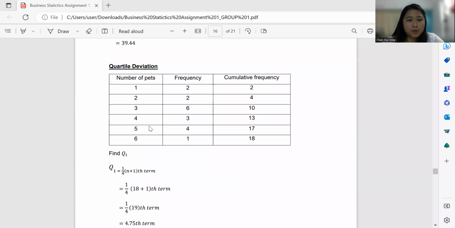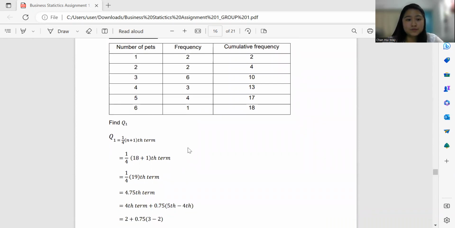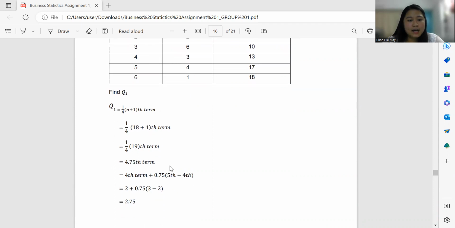Next, I would like to share about quartile deviation. Also the same, for finding the quartile deviation, I need to find the location first. For Q1, the formula is (n plus 1) divided by 4 term. After using the data, I find the location is the 4.75th term.